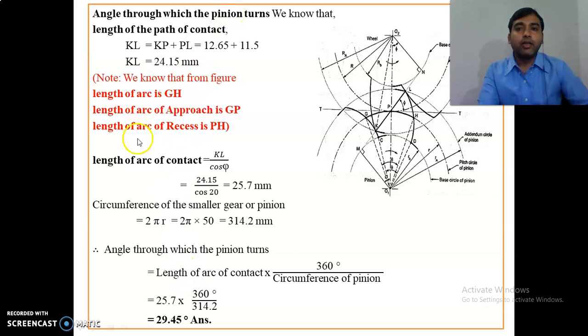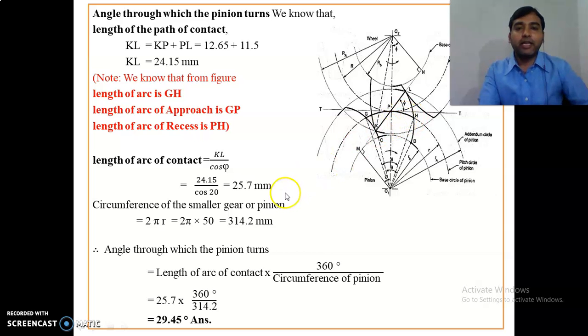That's why I explain the length of arc. So this is the length of arc. It is divided just like the path: GP, from this point to this point, is called the length of arc of approach, and the length of arc of recess, PH, from P to H, is the arc of recess.